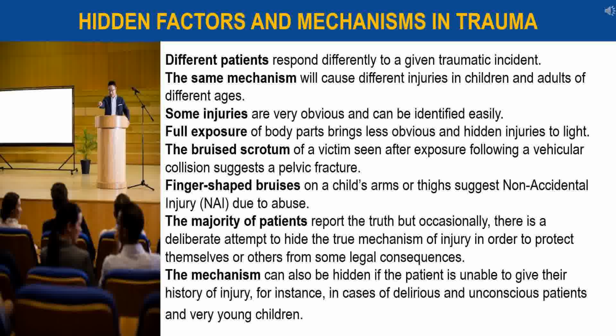The mechanism can also be hidden if the patient is unable to give their history of injury. For instance, in cases of delirious or unconscious patients and in very young children. The physically and mentally challenged, including older patients, also cannot give a proper history of events. Delay, difficulty, or inability in reporting the injury might relate to a criminal background, such as child abuse or assault or non-accidental injury.